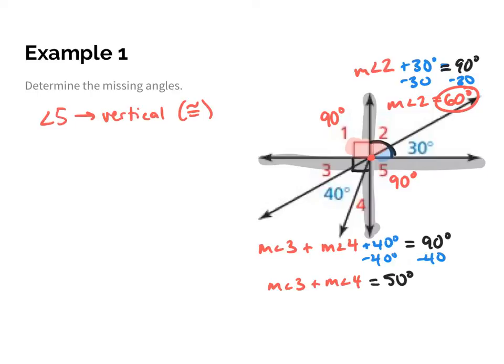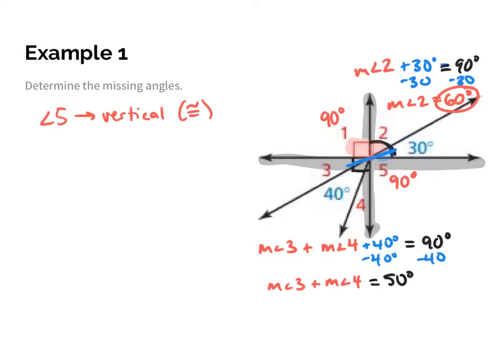So using the diagram, this is again going to use the idea of vertical pairs. What I want you to recognize is that I have angle 3 and angle 4. Now angle 4 is not really a vertical pair with anything, but angle 3 is a vertical pair with the 30 degree angle. These two are vertical pairs because they are formed by two intersecting lines.